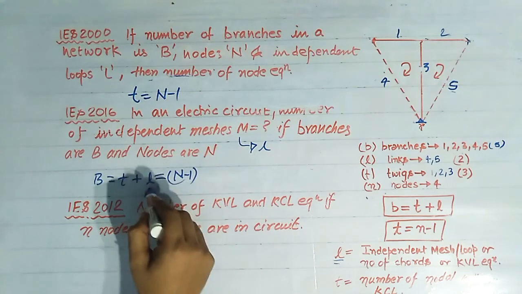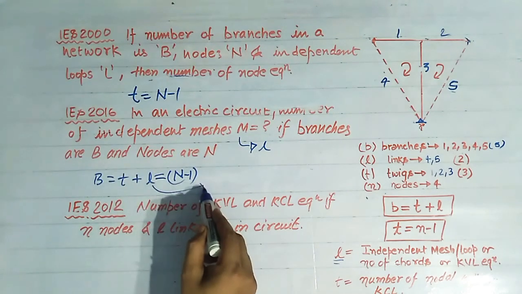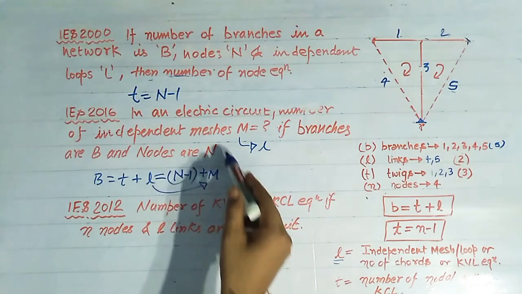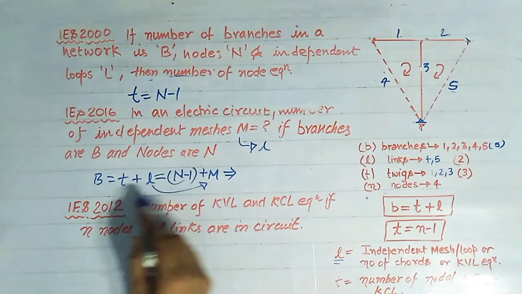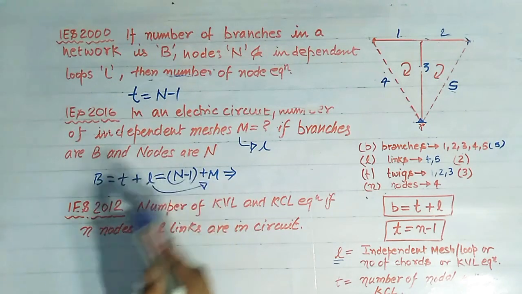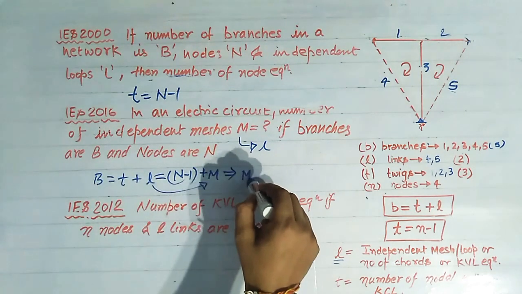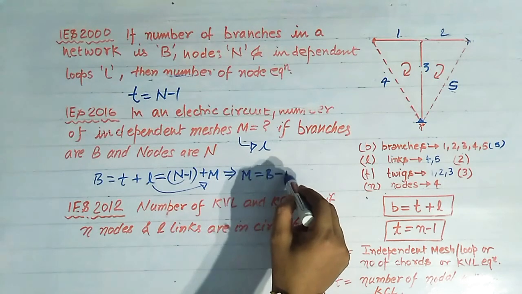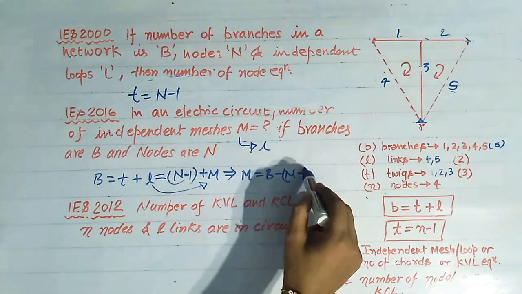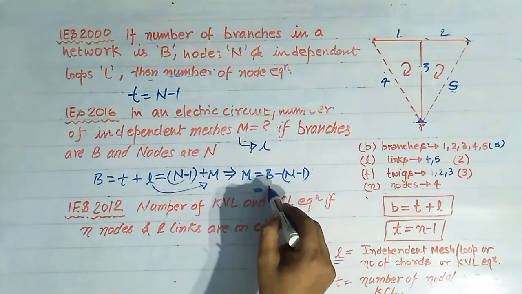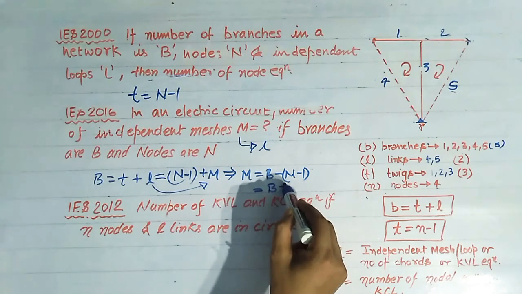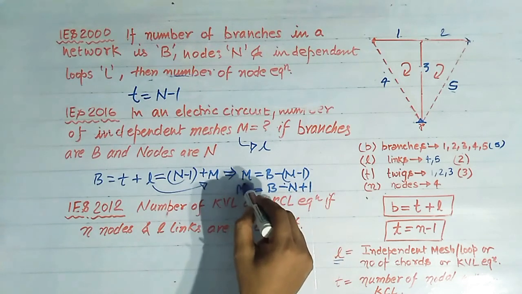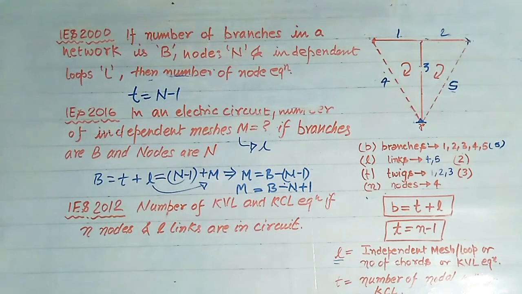And what is link? The number of links is equal to the number of meshes M. Now we can easily find the number of meshes from this equation. M is equal to b minus (n minus 1), and that is equal to b minus n plus 1. So the number of meshes is equal to b minus n plus 1.